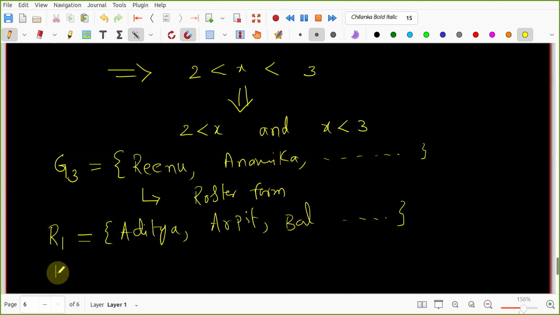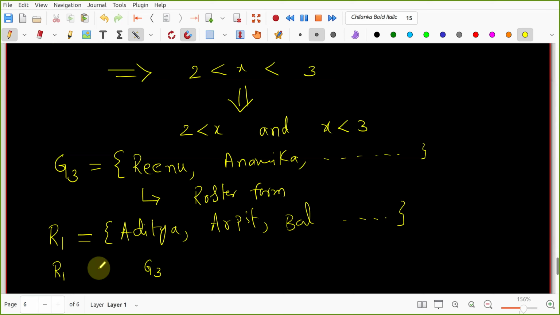But R1 and G3, what is the connection between them? Somebody can tick yes. What is the relation between R1 and G3? G3 is the set of all students in this room, and R1 is room number 1.